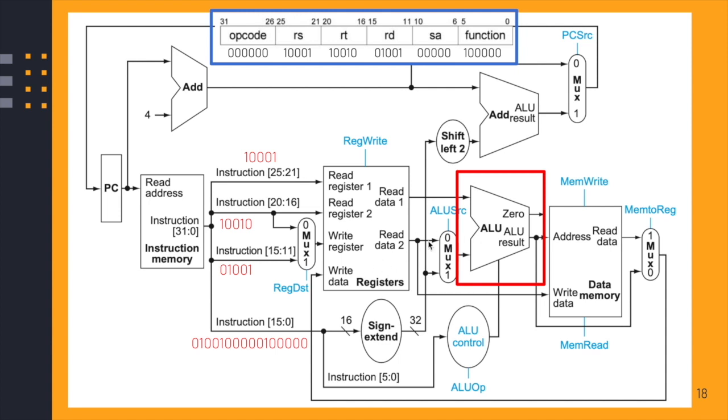Okay? So here we are choosing either between the value of the data of RT or the value of the immediate. Okay, so if you are an R format, you will always select what? The value of RT. But if you are an I format, like an add immediate instruction, what will you do?